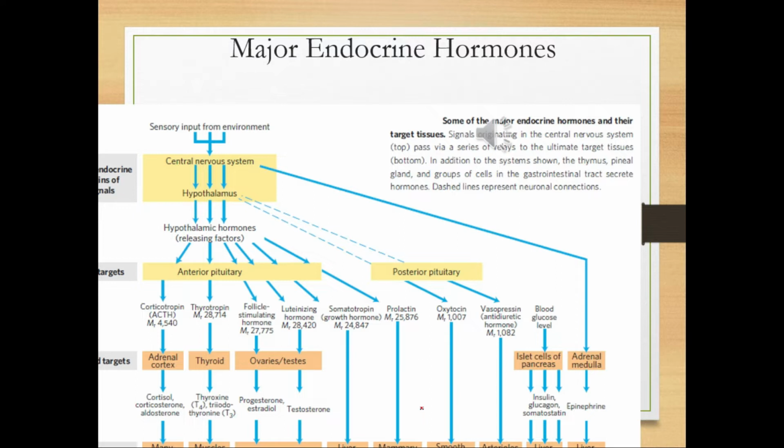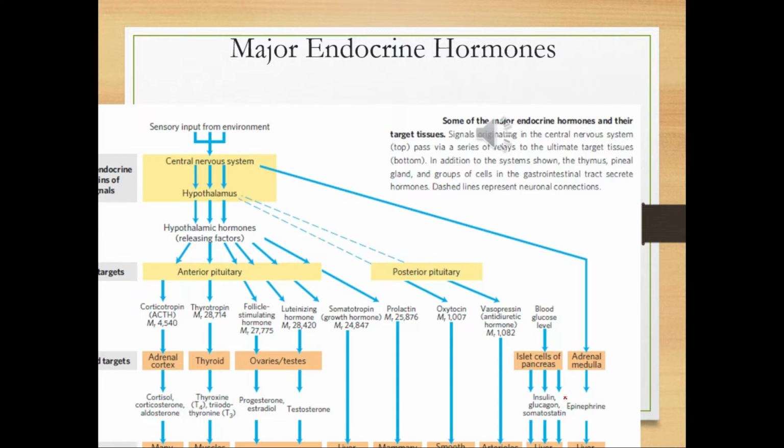There are some other hormones which are released by the endocrine system, such as insulin, glucagon, somatostatin, and epinephrine, norepinephrine, when they are related to balancing of blood glucose level. When blood glucose level is high, the pancreas releases insulin, which distributes excess glucose of blood towards the liver and other muscles which need this glucose.